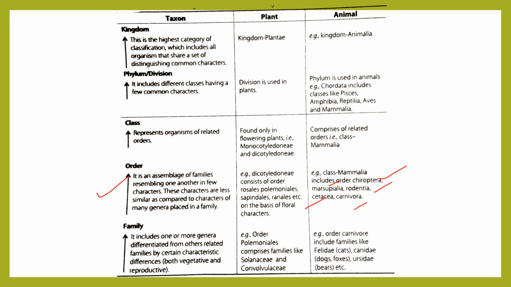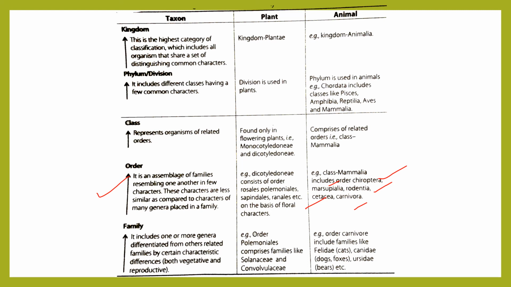Next, after order, we talk about class. It represents organisms of related orders. In plants, examples are Monocotyledonae and Dicotyledonae. In animals, it includes the class Mammalia. Next, phylum or division.